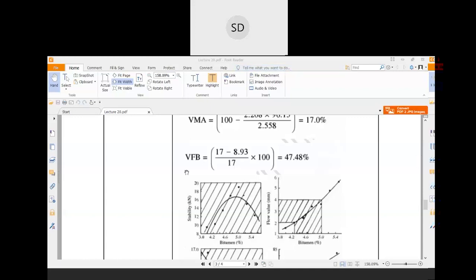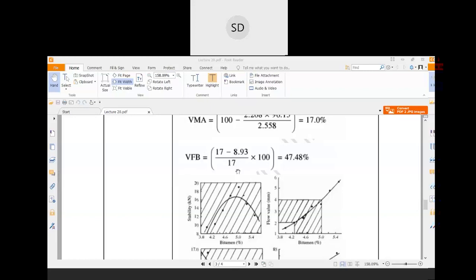The calculation up to now is for 4% bitumen content. Gradually you will increase the bitumen content, and again find out the parameters for, suppose, 4.25% bitumen content, or the VMA and VFB for 4.50% bitumen content. Likewise, you have to calculate it.